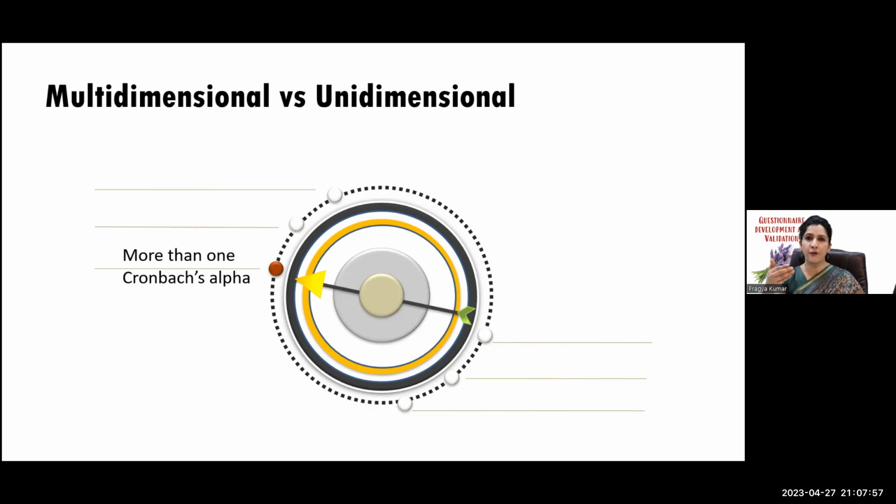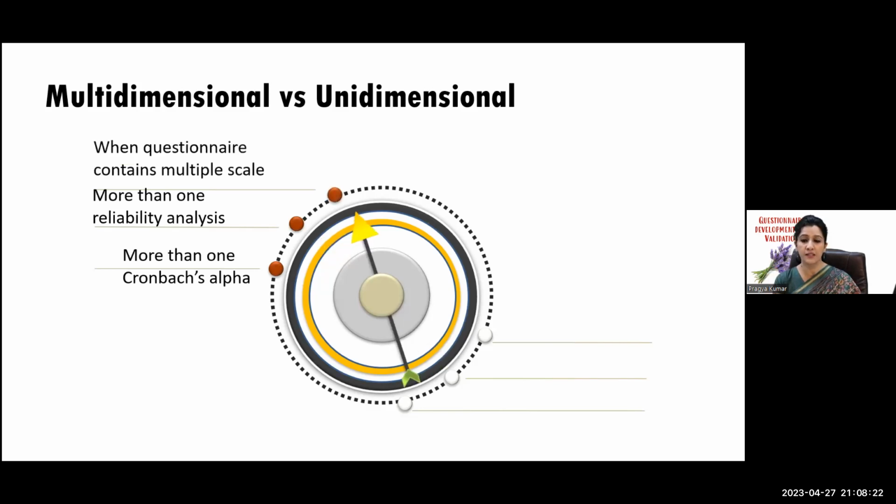Like, for example, WHO quality of life. If it has got 4 dimensions, then you will have 4 Cronbach alphas, one for each dimension. There cannot be an overall alpha for the whole WHOQOL-BREF. So the number of dimensions equals the number of Cronbach alphas, and you will have to perform more than one reliability analysis.